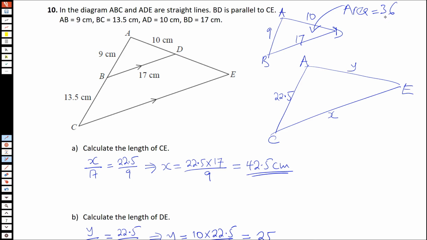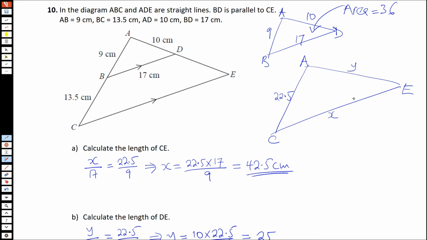So they want us to find the area of this quadrilateral here, BDEC, this one here. So first of all, we can find the area of the larger triangle, which is ACE, and then find the differences between the areas of the two triangles to find the area of the quadrilateral.